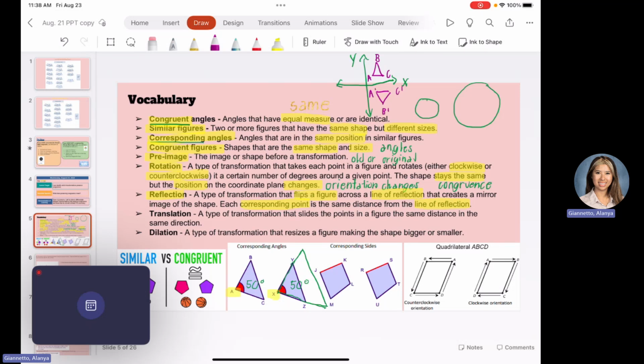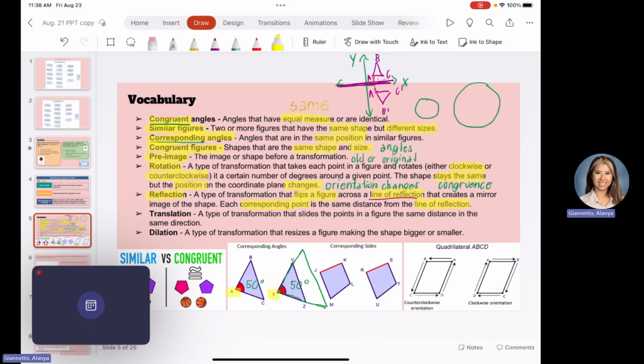Just looking at this, I know that our x-axis was the line of reflection. We know that the corresponding points A and A prime are both equidistant, or the same distance, from this line of reflection. Let's say this is just 1 unit. So they're both 1 unit away from that line of reflection.